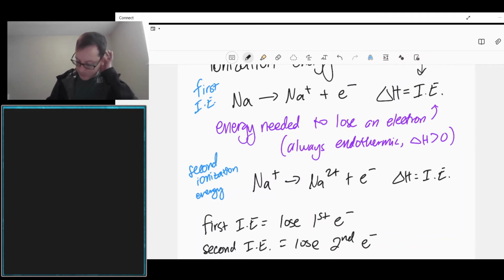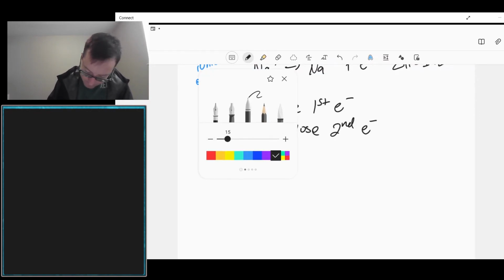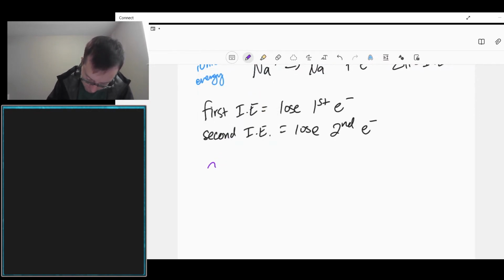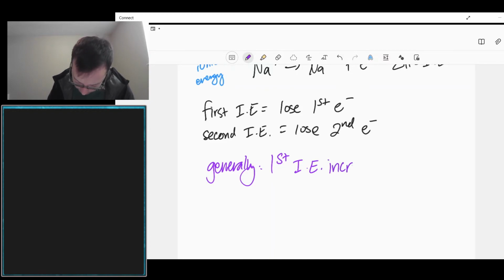Generally speaking, we have 2 trends. We have that the first ionization energy increases left to right.